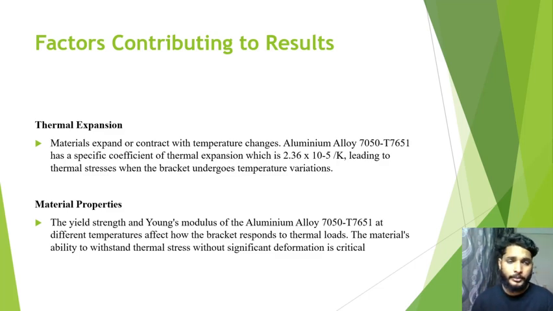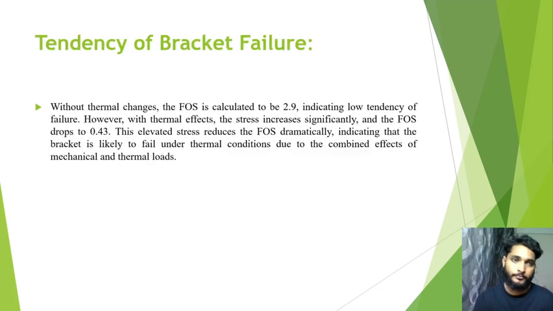Material property: the yield strength and the Young's modulus of the aluminum alloy at different temperatures affect how the bracket responds to thermal loads. The material's ability to withstand stress without significant deformation is critical.